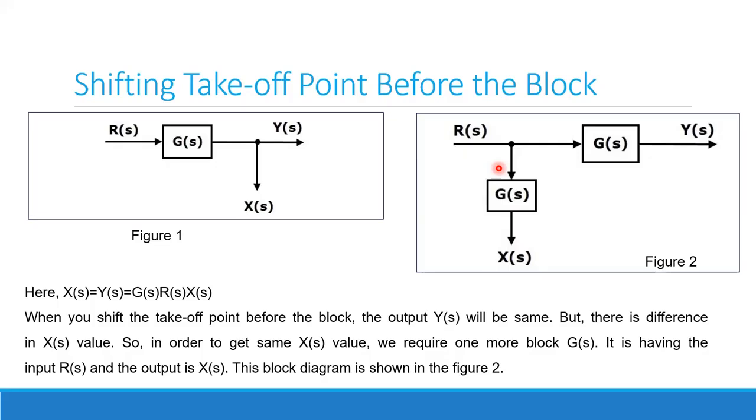Why are we doing this shifting before the block or after the block? There may be a time when you need to simplify this diagram using these operations, because there is a chance of having a complex diagram in your examination or in your numerical, and we need to make it simpler using these operations, because it is possible that the previous operations that we have studied, like parallel connection, series connection, feedback connection, may not be sufficient for reducing the diagram, so we may need to use these operations as well.